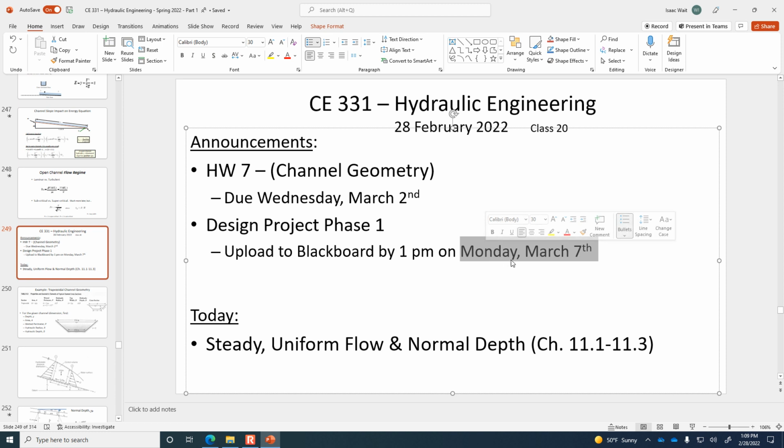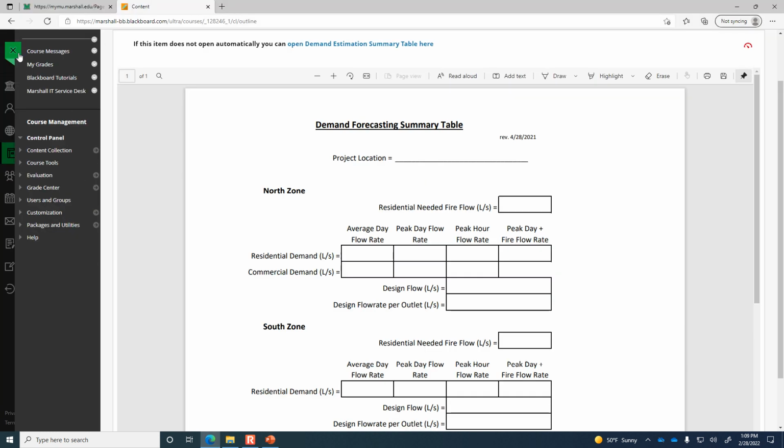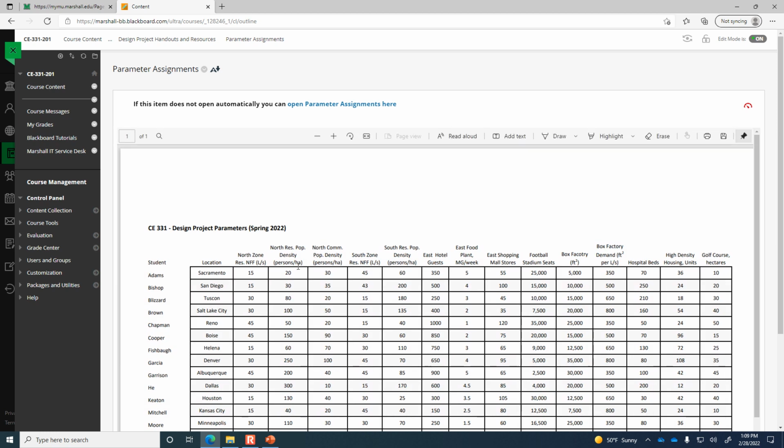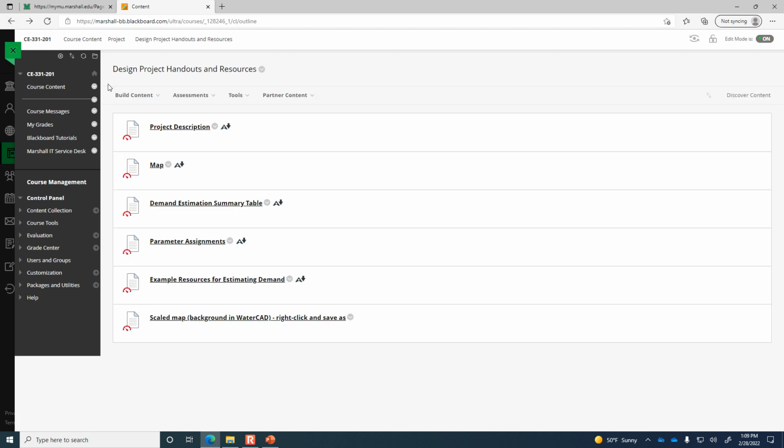Yes? Do we assume a certain amount of commercial properties in the North Zone? I think I assigned it on the basis of population density, similar kind of lines. Let's look at that again. Parameter assignments here. So North Zone commercial population density. You're going to measure the area of the North Zone and then use the population density.